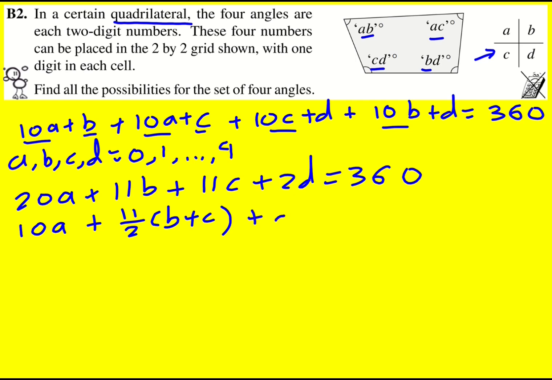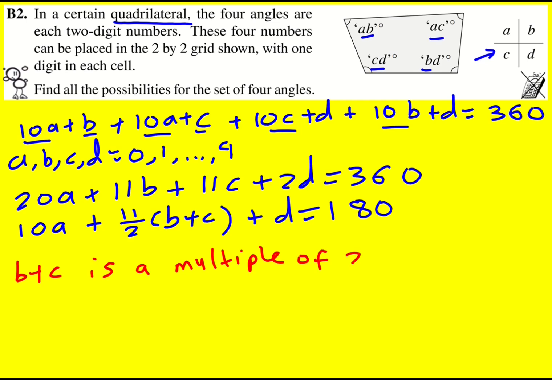And then I'm going to be adding D, and then I'm going to have 180. Now, the consequence of this is that because I'm dividing by 2 here, we must have B plus C as a multiple of 2, in order for us to get a whole number overall.